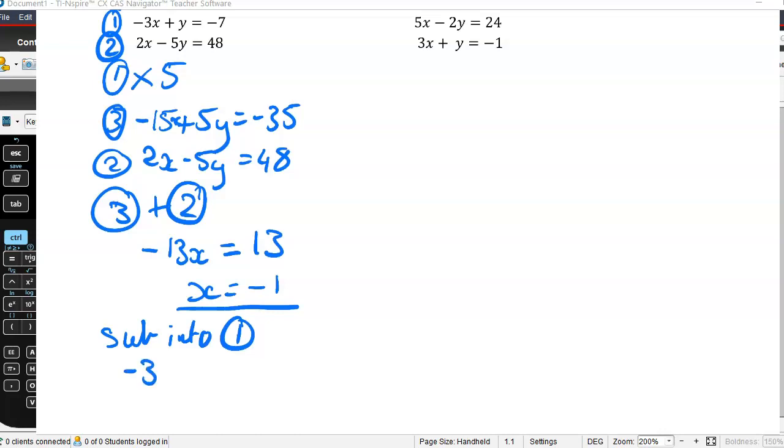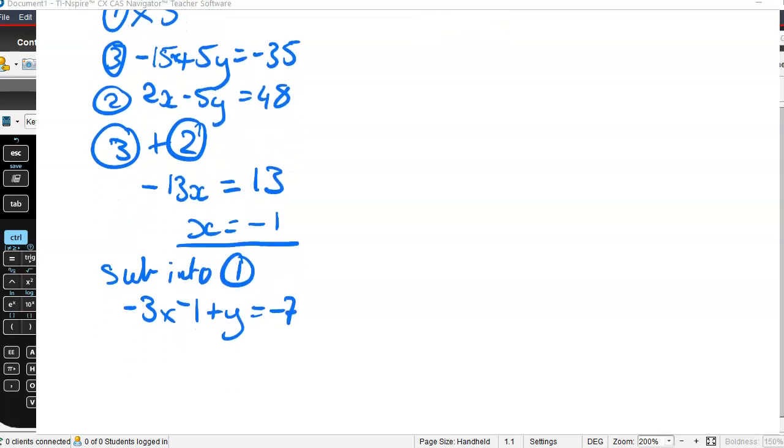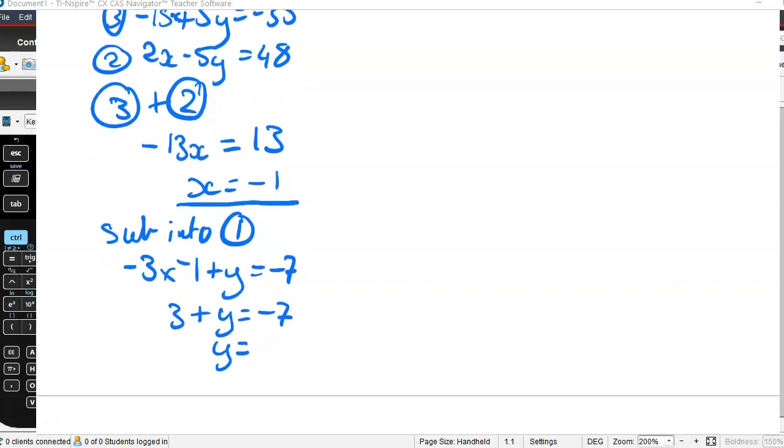So negative 3 times negative 1 plus y equals negative 7. So positive 3 plus y equals negative 7. y equals negative 7 minus 3, which is negative 10. So the solution there is (-1, -10).